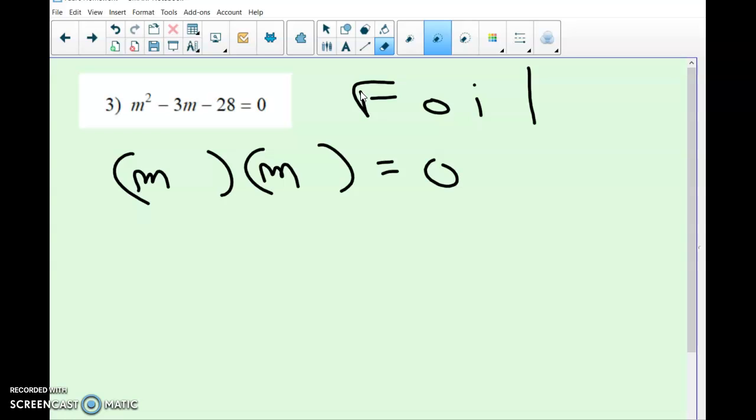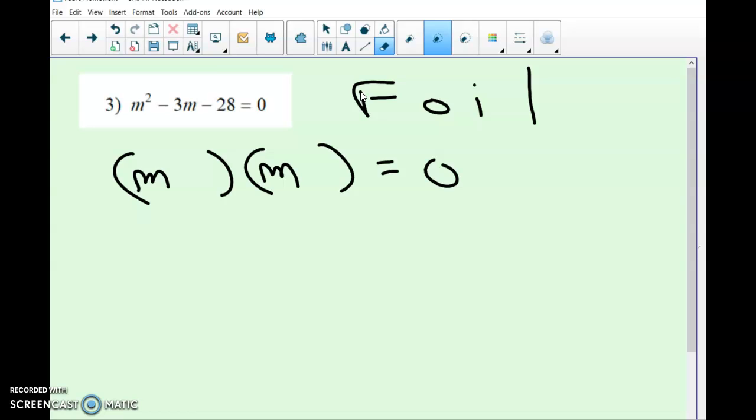Now I have to look at the constant term. The constant term has a lot of specialties to it, tells us a lot of things. What do you think it tells me first here? You're right. It tells me that the signs are unlike. I have a positive and a negative sign.